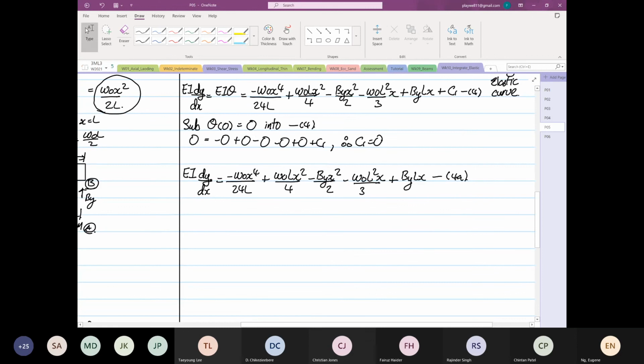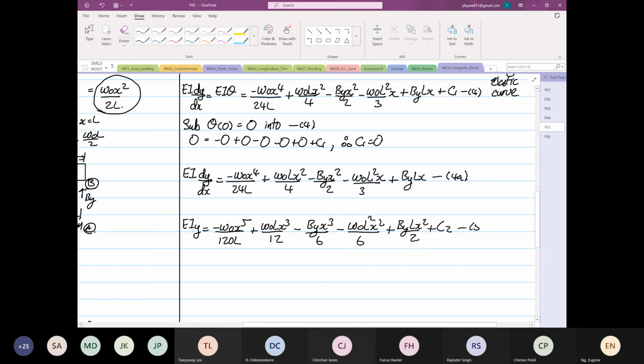Then we integrate the last time. So this EIy equals minus omega naught x^5 over 120L plus By omega naught L x cubed over 12 minus By x cubed over 6 minus omega naught L squared x squared over 6 plus By L x squared over 2 plus C2.